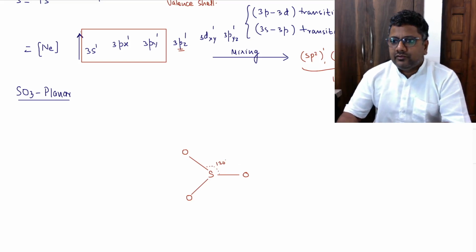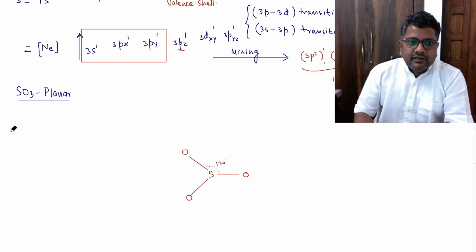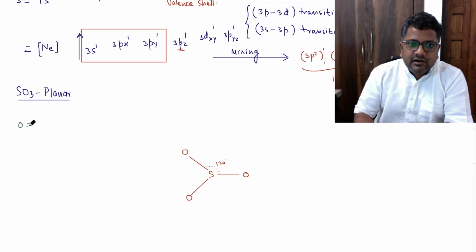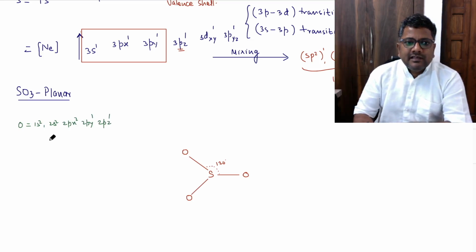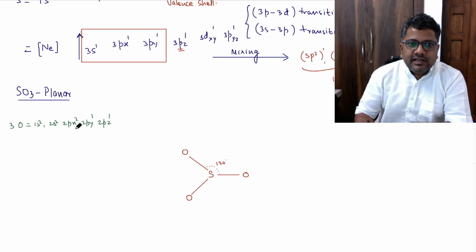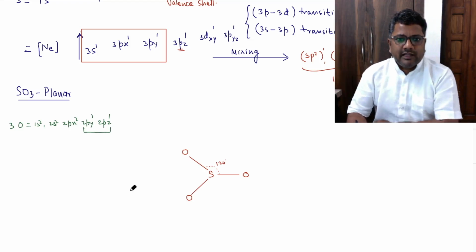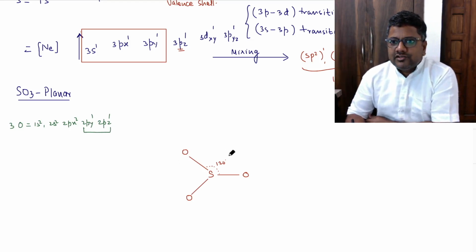Now do some working on oxygen. The oxygen configuration is 1s2, 2s2, 2px2, 2py1, 2pz1, right? And we have 3 oxygen atoms, and these 2 atomic orbitals will overlap.